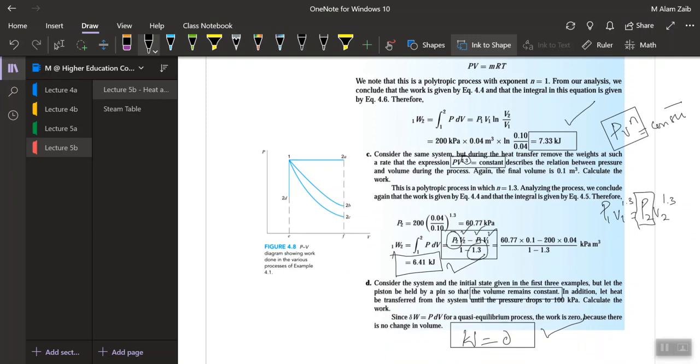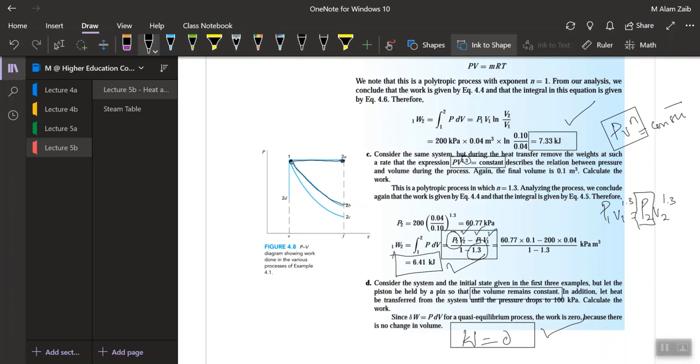If you look at lecture number 5a, we saw that work done is represented by the area under the curve. If we keep the pressure constant and change the volume, our graph will look something like this, going from 1 to 2. For the isothermal process it will be something curvy over here.